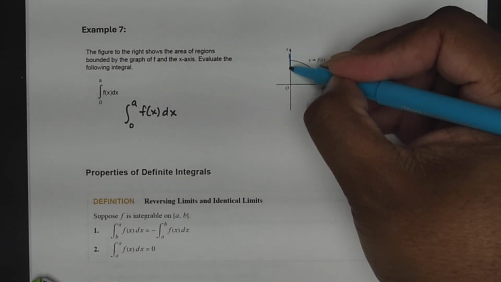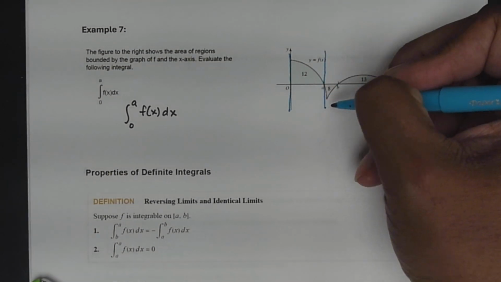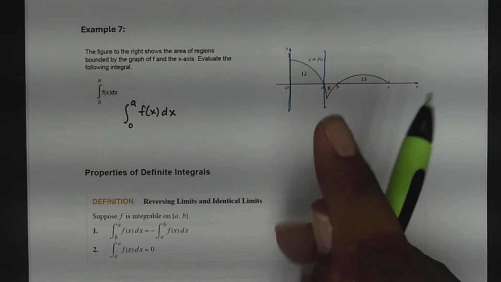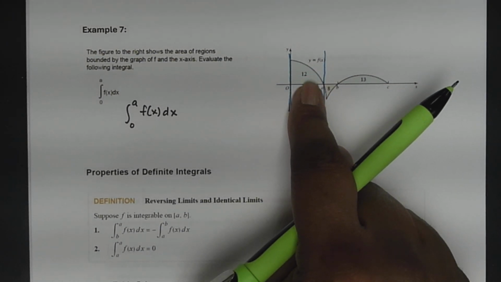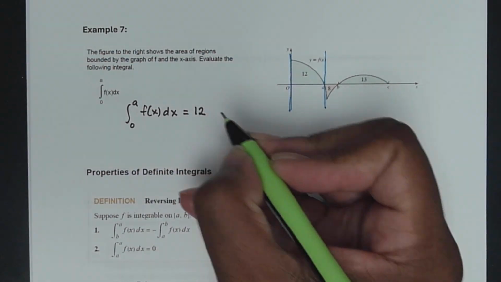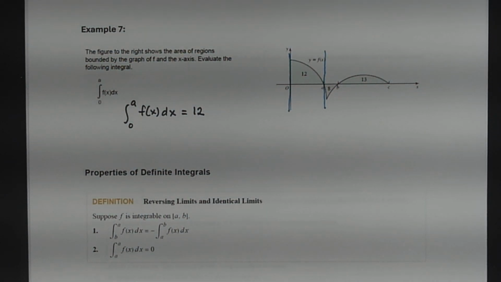Here's 0 here. A is right here. And we only got one region between 0 and a, and that's this one. And it's above the x-axis. So the integral from 0 to a of f of x dx will end up being 12.